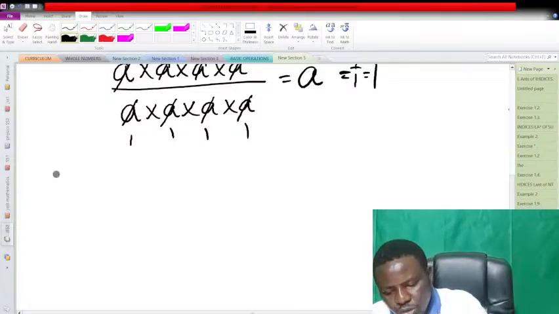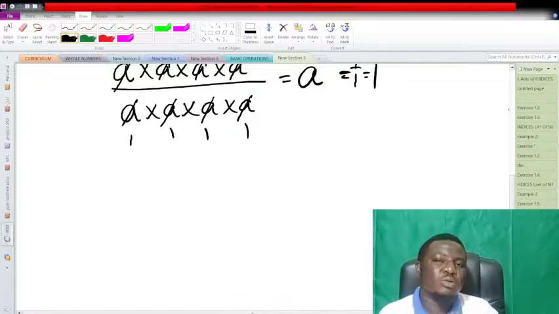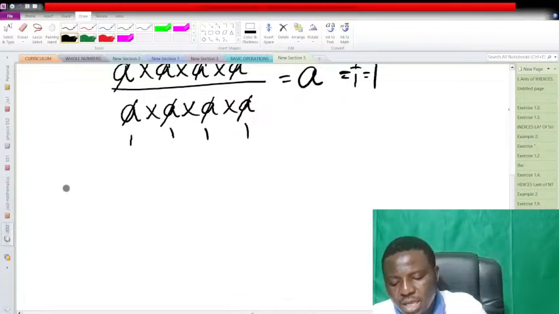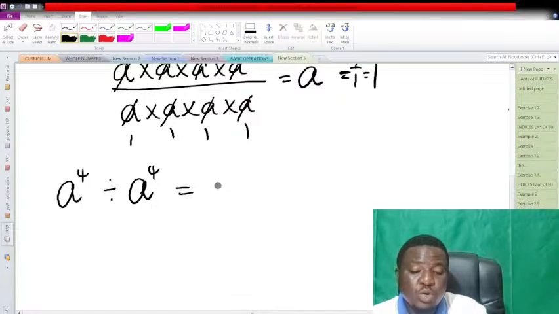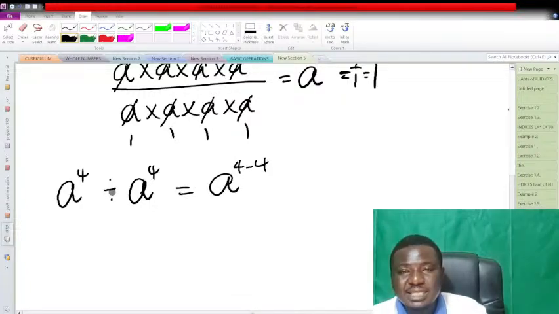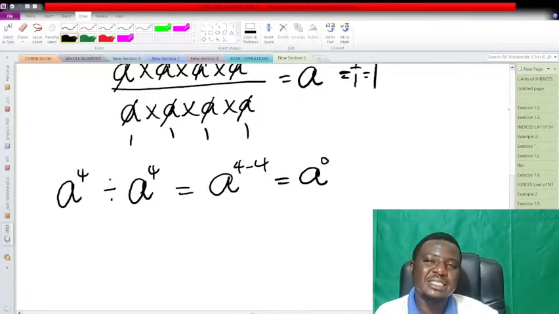we can also use this, remember what we said concerning the subtraction law of indices, that a raised to the power of 4 divided by a raised to the power of 4 can be said to be equal to a raised to the power of 4 minus 4, where this is division and the bases are equal. We say you subtract the powers, and when you do that, you are going to have a raised to the power of 4 minus 4, which is 0.